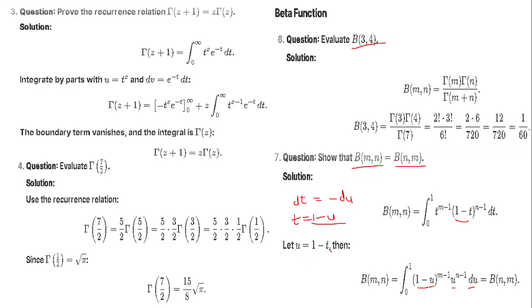Doing it again, this gives you minus du. One minus t.